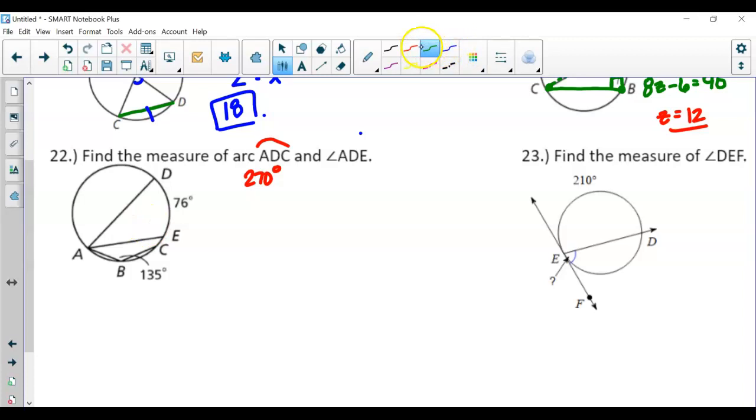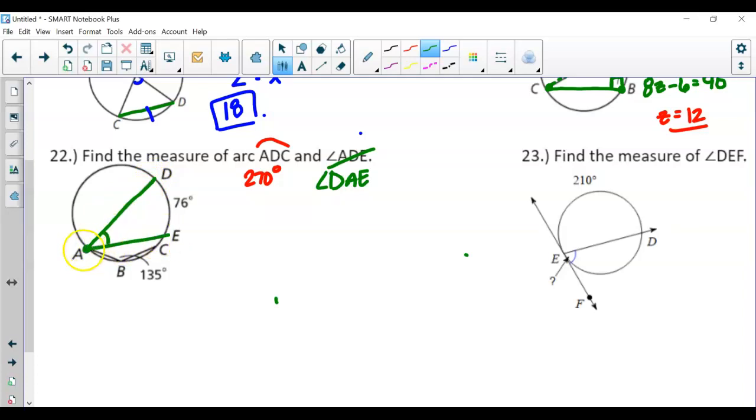Then here we're looking for the measure of angle ADE. So, oh, that's a typo. Sorry, I just realized that, and we'll make sure to fix that. So that should be angle DAE. So that is a typo. So DAE.